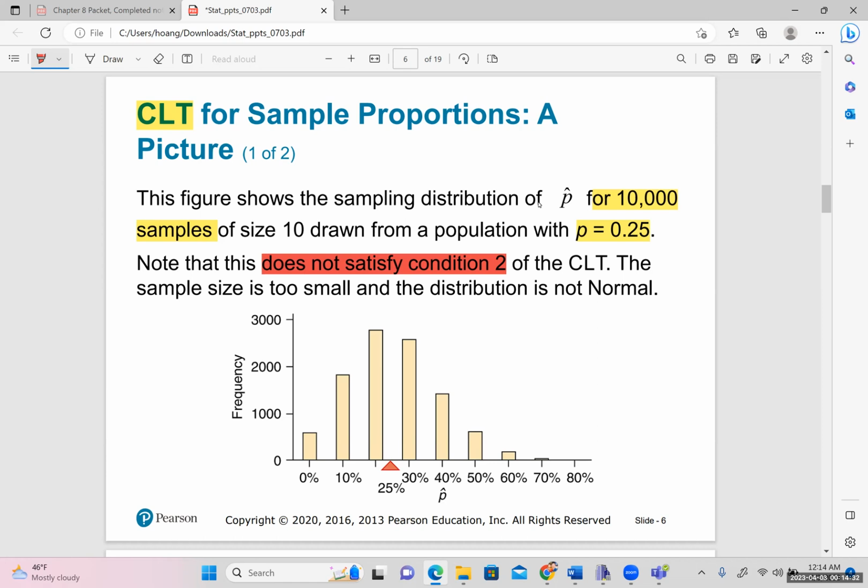The sample size is too small, so the distribution is not normal, and you see below it looks skewed to the right.